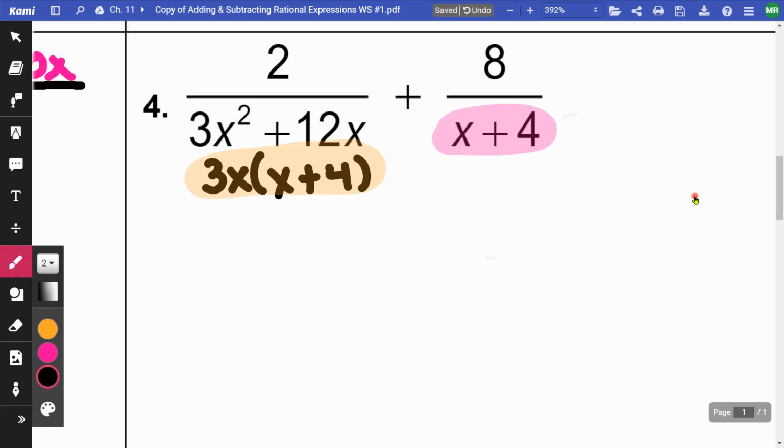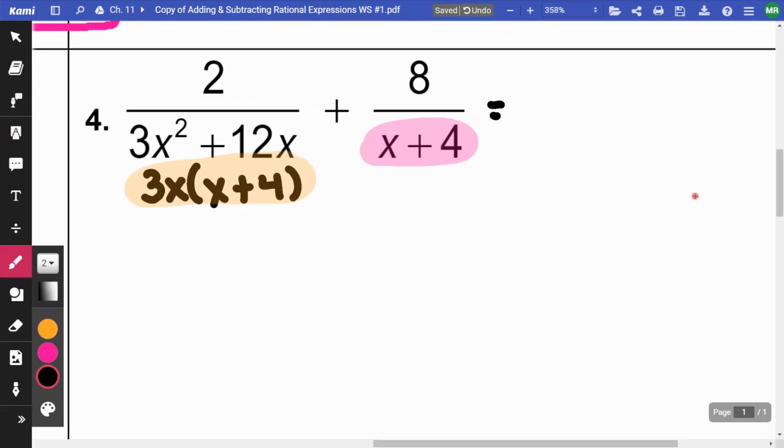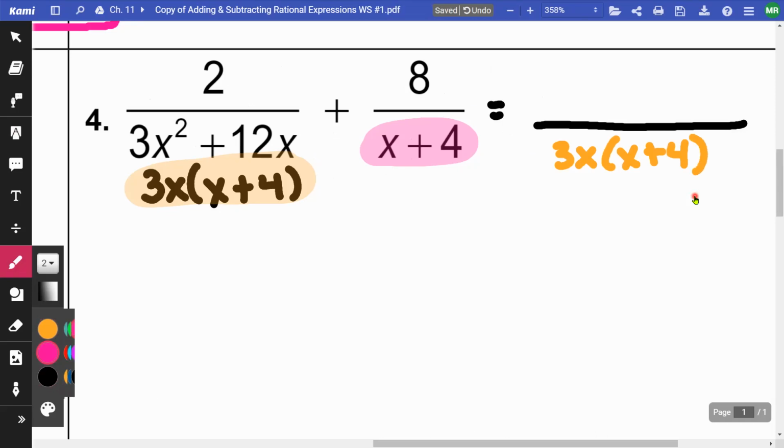So my common denominator from my first one is going to be 3x times x plus 4. From my second one, I need an x plus 4, but I already have it, so I don't have to list it twice. So my first fraction, I don't need to do anything to that fraction.